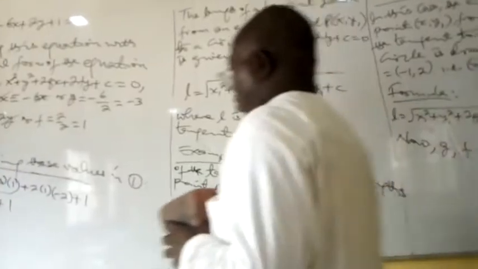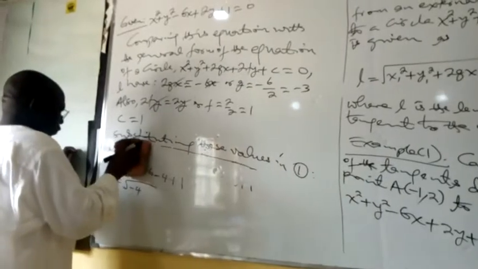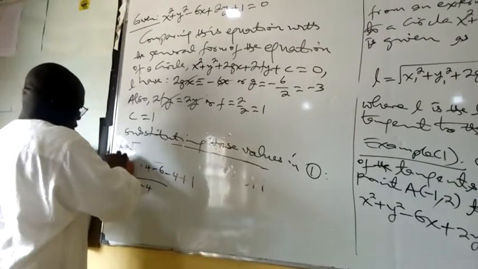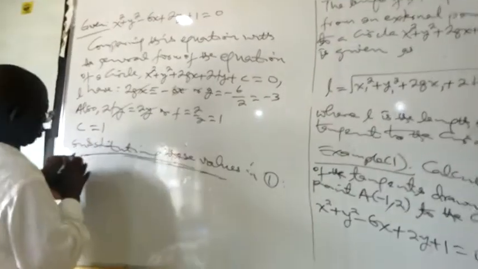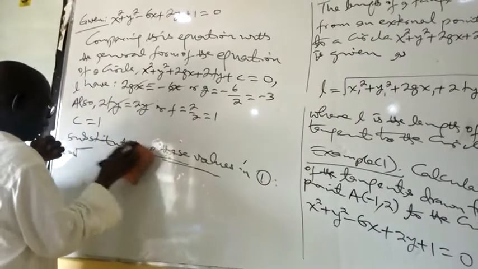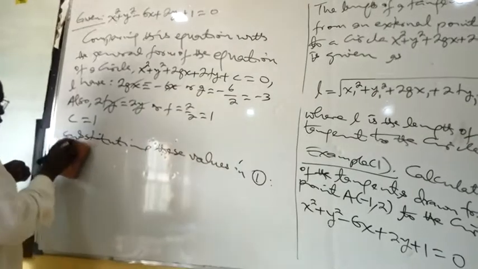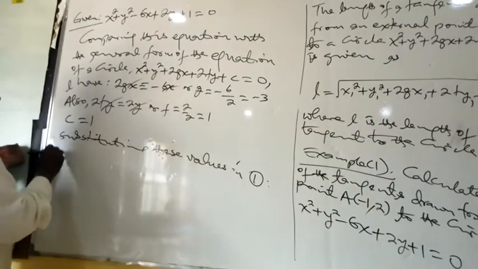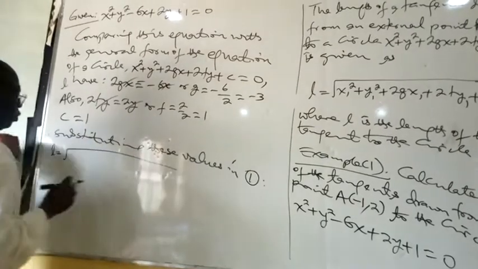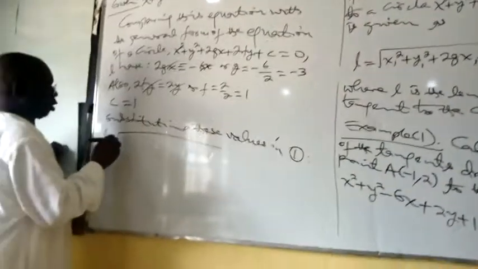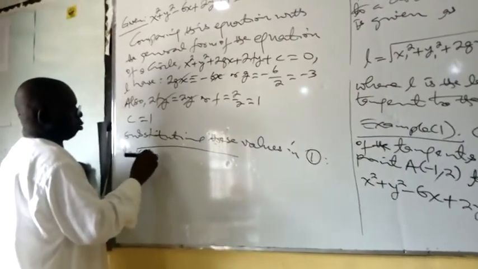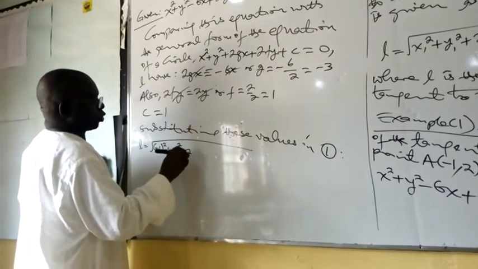So now in the substitution, substituting these values in equation 1, I have L is equal to the root of minus 1 squared, plus 2 squared, plus 2gx.